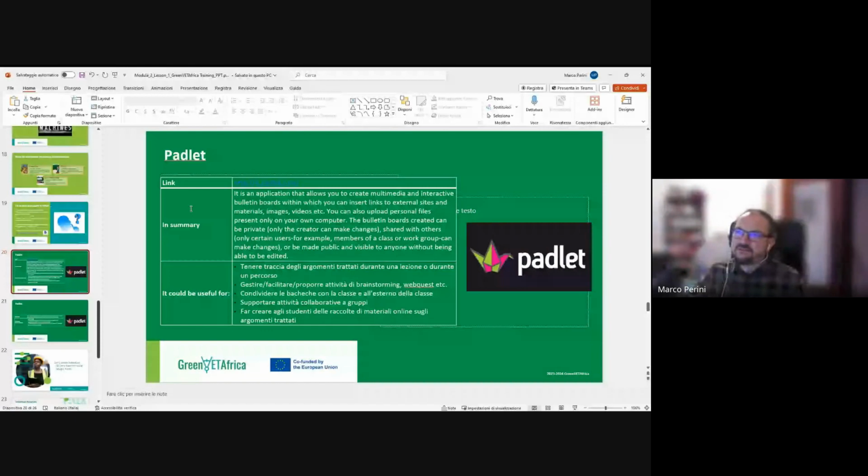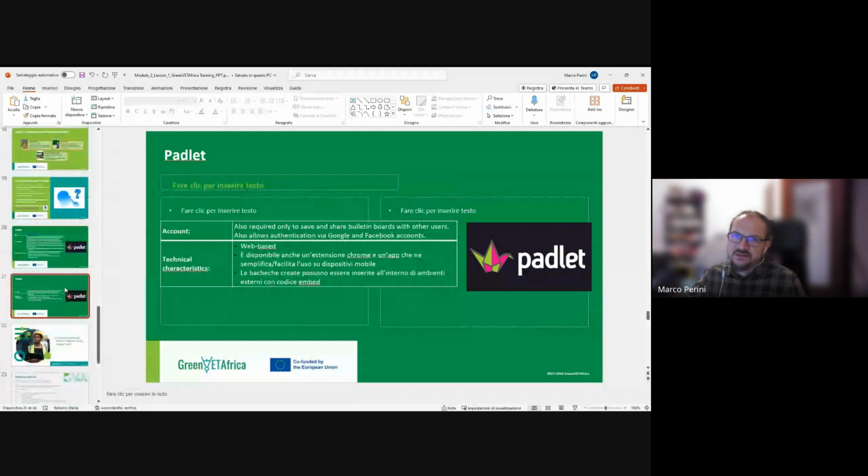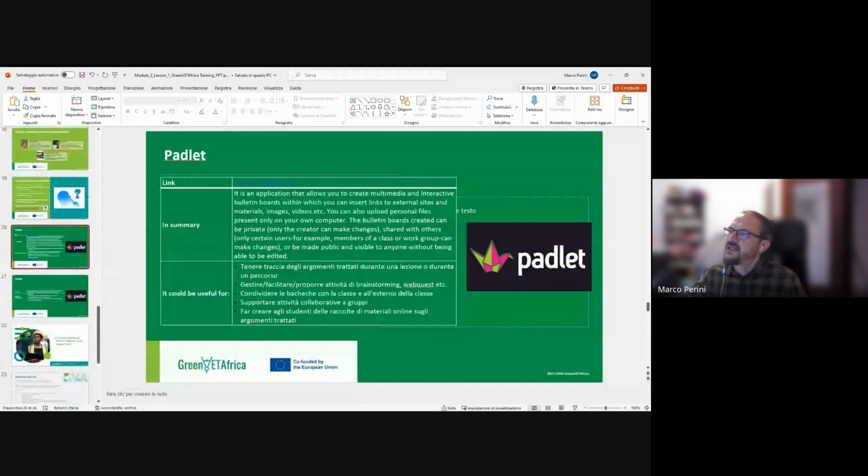So in the slides, you will find in every lesson some tables that will show the characteristics of several tools that we will use, that I will show you as examples during the course. For example, today I used Padlet to categorize your answers.